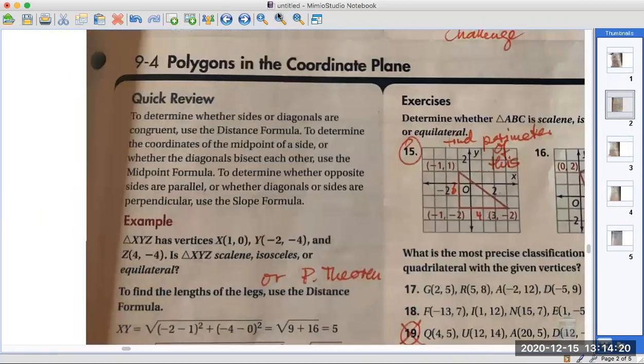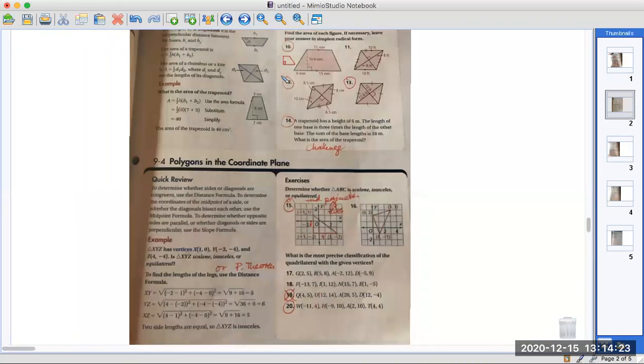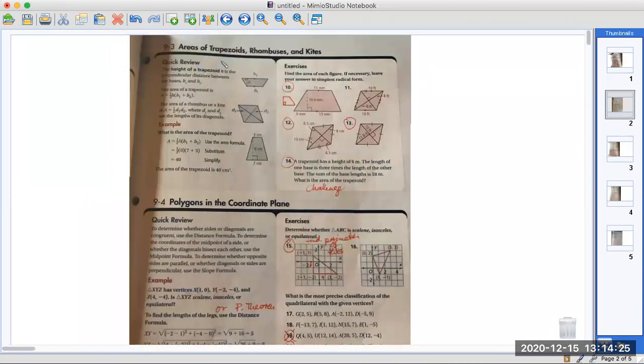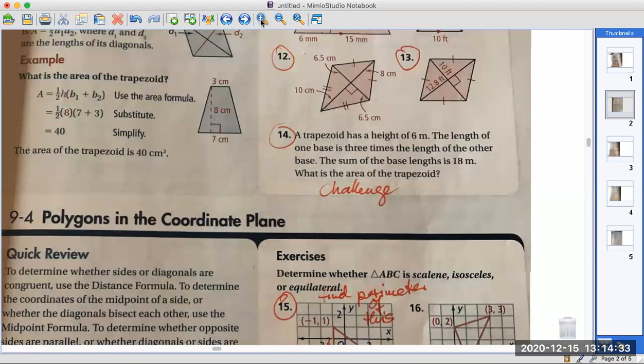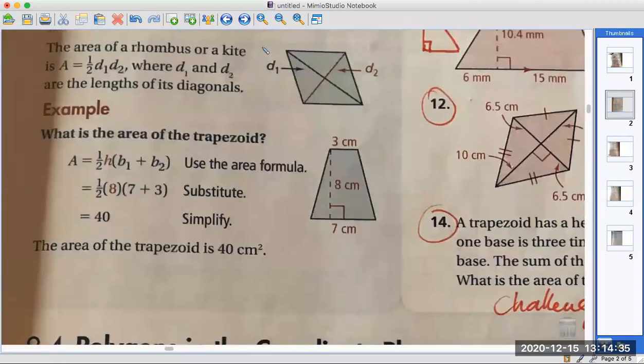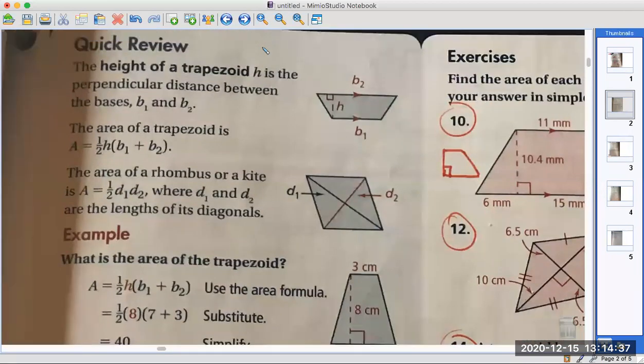Then we are on the next page. Now we're talking about trapezoids, rhombuses, and kites. Those formulas get a little tricky, so you think about which ones you need to remember that you need to write on a flashcard.